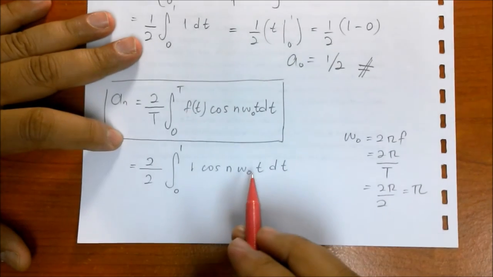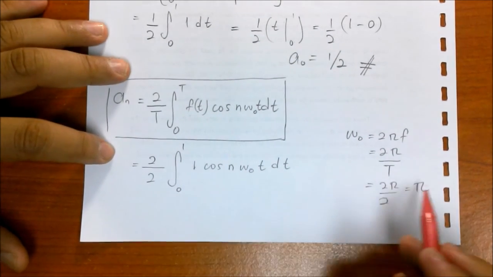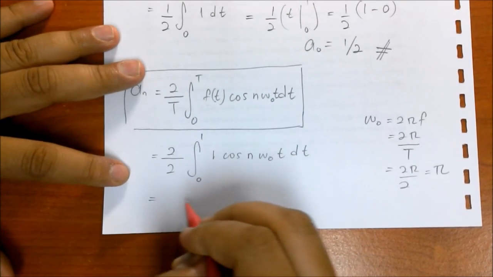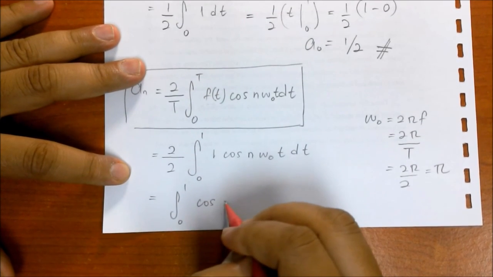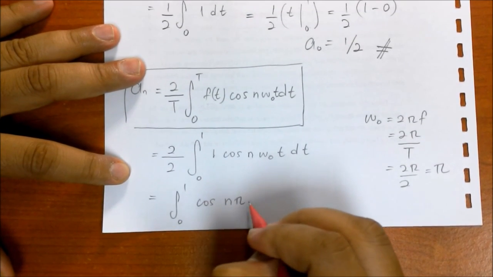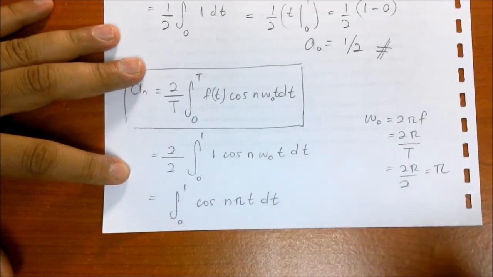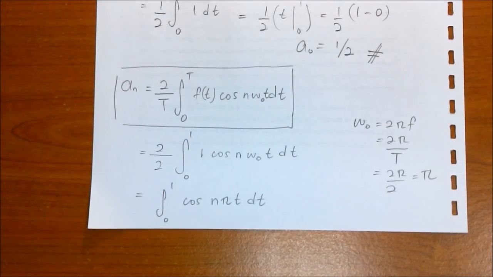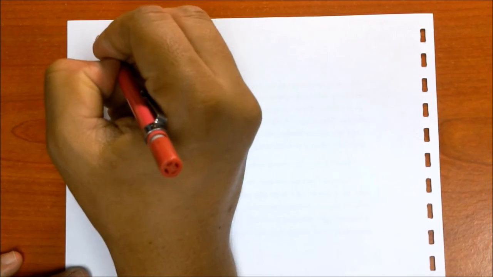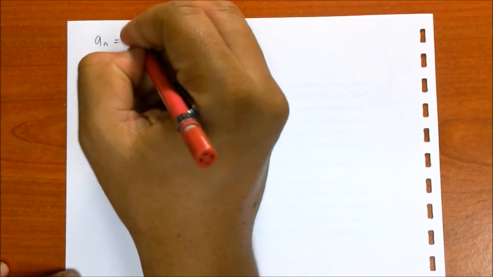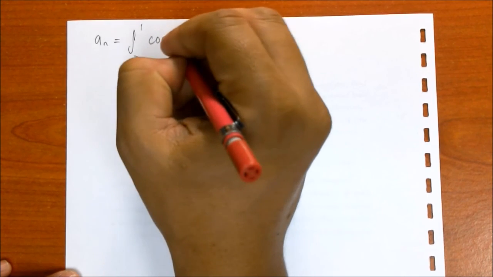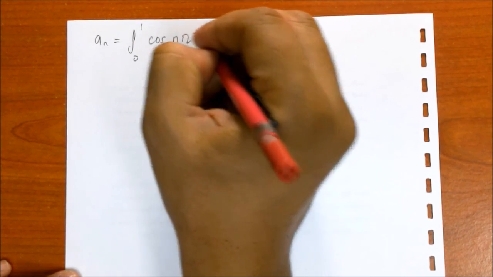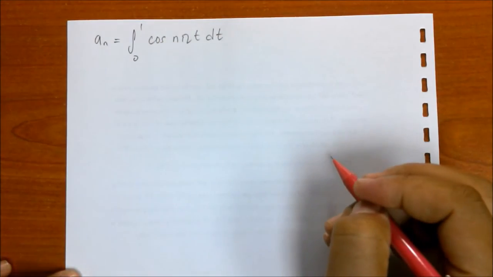So we can simply replace omega naught with pi. So it's cos n pi t dt. So a_n is the integration from 0 to 1 of cos n pi t dt.